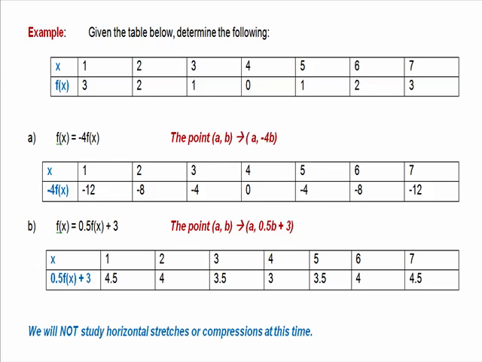Using the order of operations, the correct way is to multiply the y by 0.5 and then add the 3. So my point (a, b) is going to go to the point (a, 0.5b plus 3). The a stays the same. I did that with the table. Check out the numbers, do the math out, and convince yourself this works.